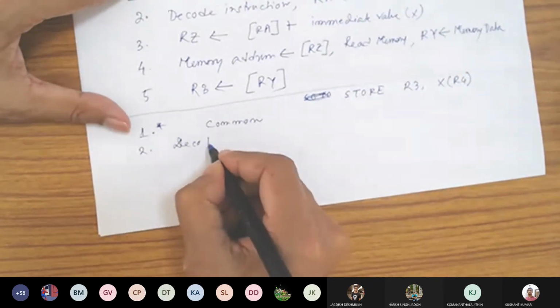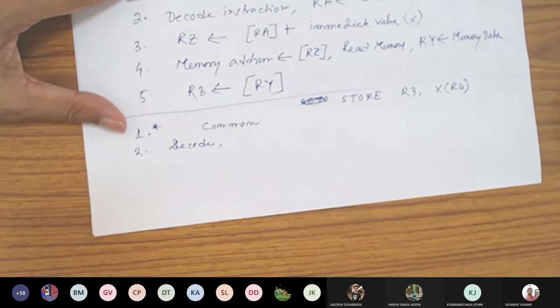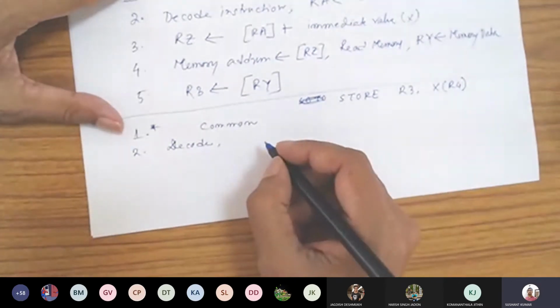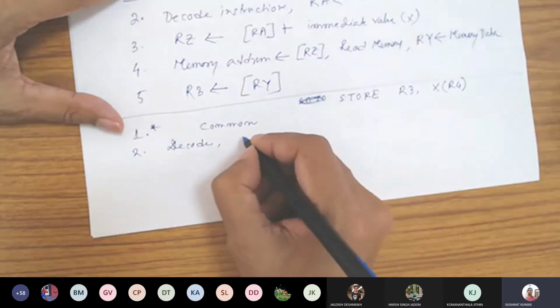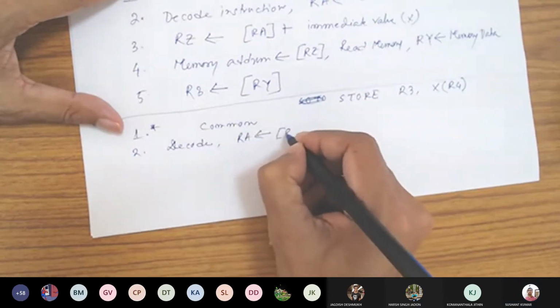Decode. After that, tell me what will happen. R4 will go to RA. Okay, great. RA equals R4.